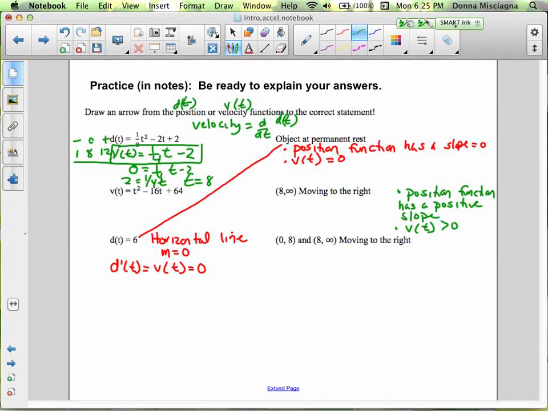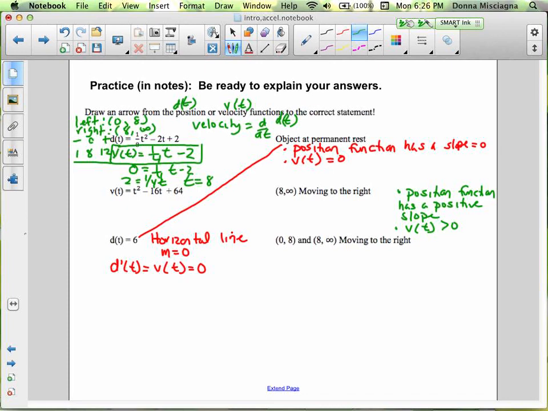That's a positive value. So this means that our function is moving left from 0. We can have negative time. So from 0 to 8, our function is moving left, and it's moving right from 8 to infinity.